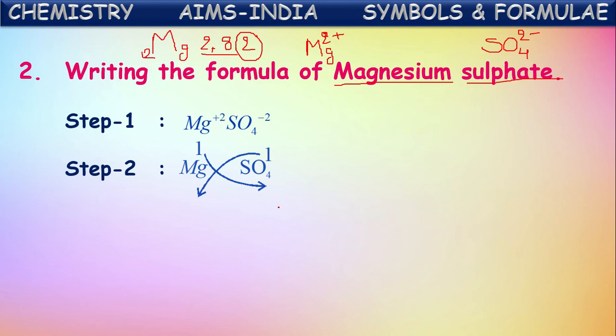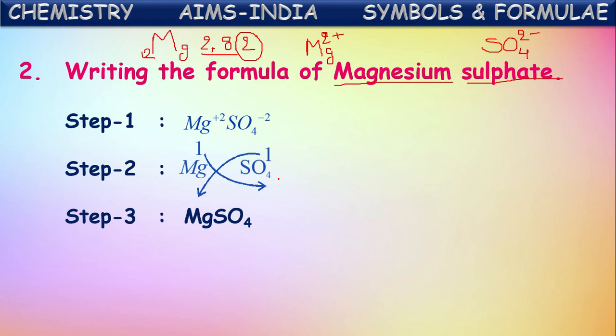After eliminating these charges and common factor, now we have to crisscross these numbers. The one from the sulphate ion should be written at the bottom of the magnesium ion, and the one from magnesium should be written at the bottom of the sulphate ion. Now see step 3. What do we get? We get Mg1SO41.